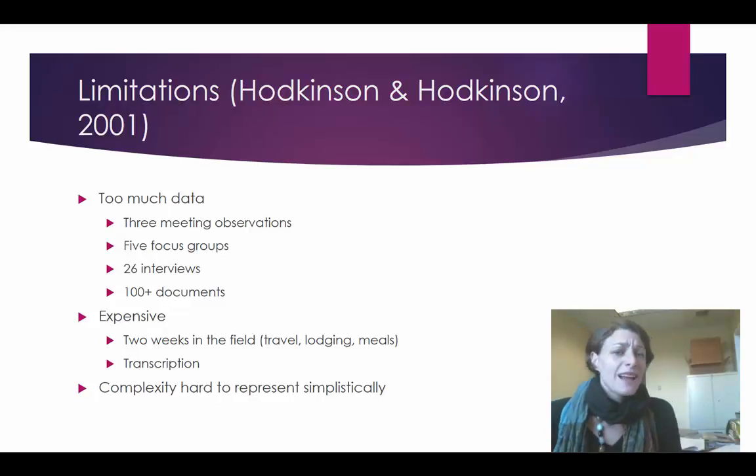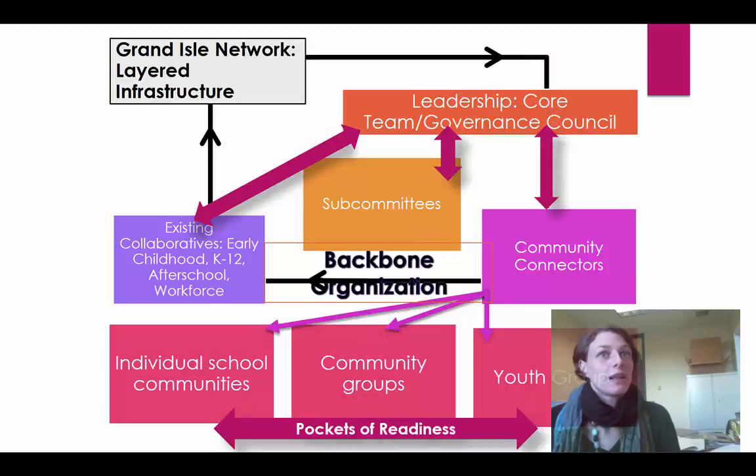And lastly, and I think this is probably the most important, complexity is hard to represent in a simple way. We know going into a case study that we're doing it because we're expecting to find a lot of complexity. And so as we go to write it up, it's challenging to know where to start. I'm going to show you a couple slides, some of which you've already seen, to think about complexity.